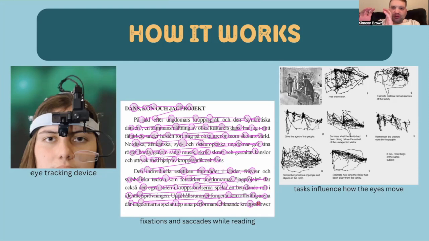People looked at a picture and it was tracked how their eyes moved when they had to figure out how old the people in the picture are, or when they had to look at the picture and remember what clothes they're wearing. This picture is from a very influential study from a researcher named Yarbus, who I'm going to mention again in a bit. But that's how it works.